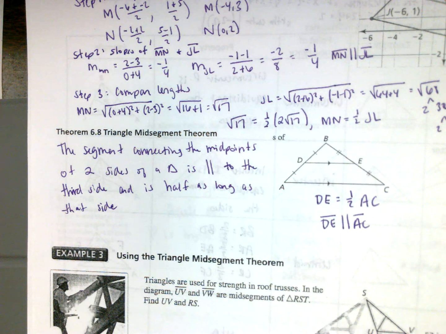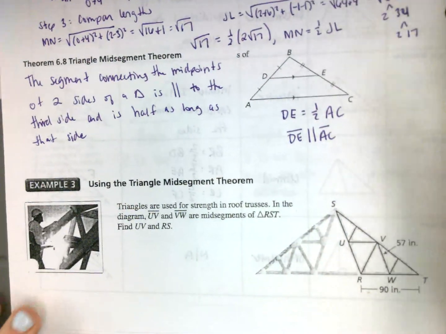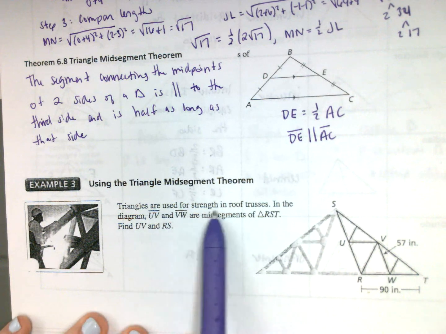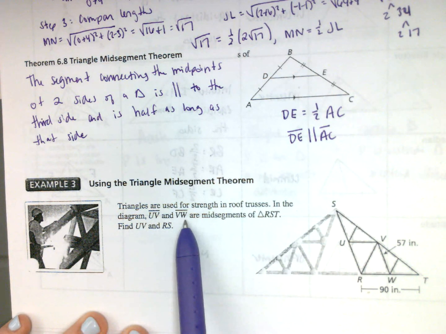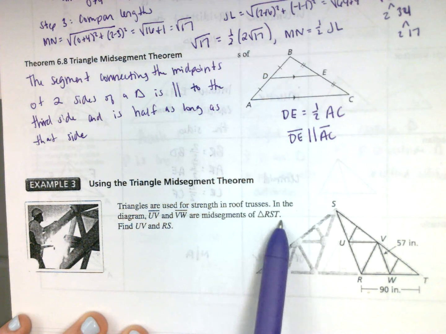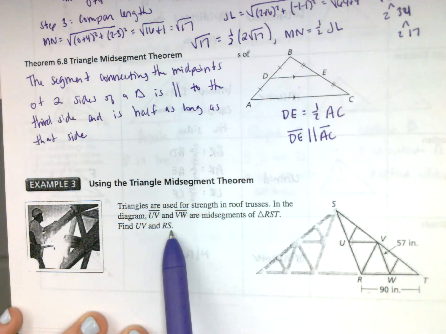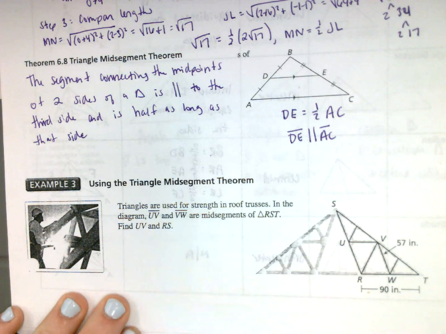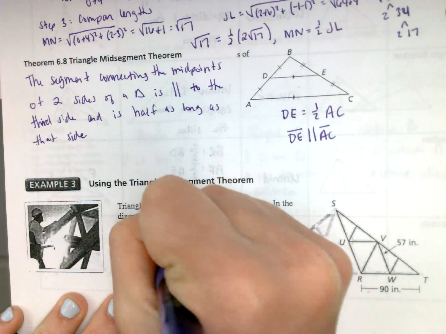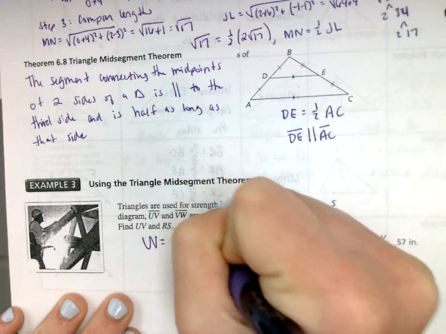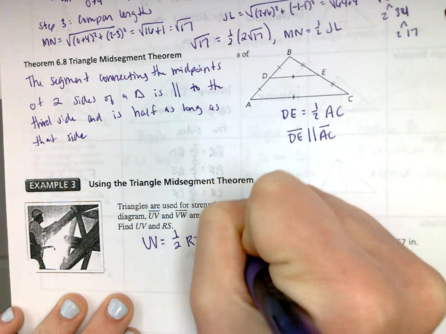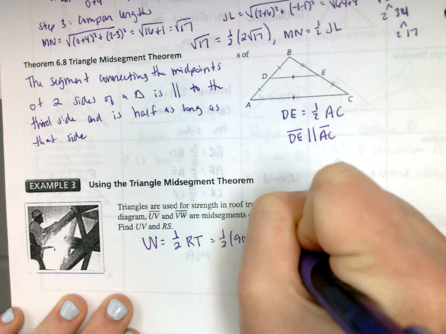Okay, all right. So then looking at example 3, it says triangles are used for strength in roof trusses. In the diagram, segment UV and segment VW are midsegments of triangle RST. Find UV and RS. So I know that UV is going to be 1/2 of RT. So that would be 1/2 of 90, which is 45.